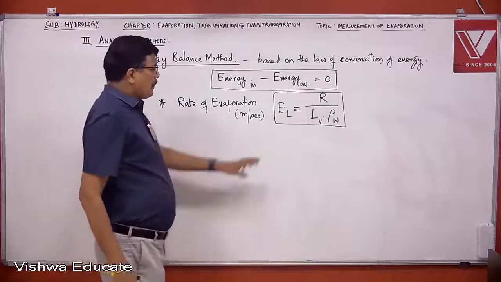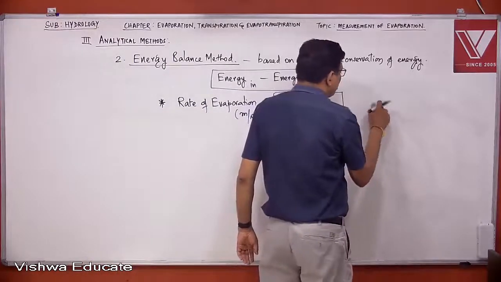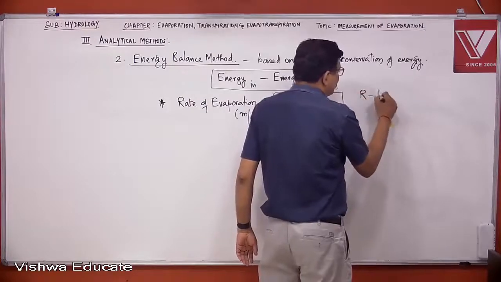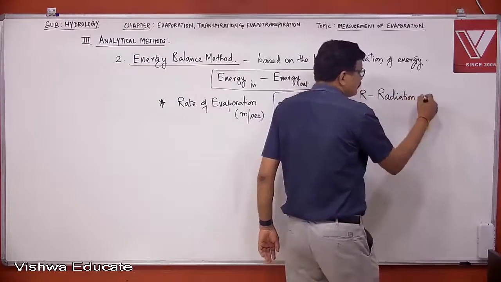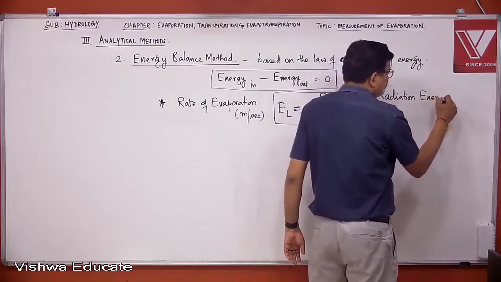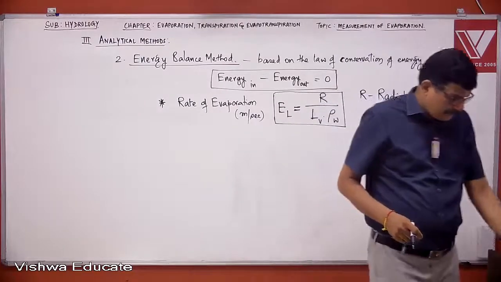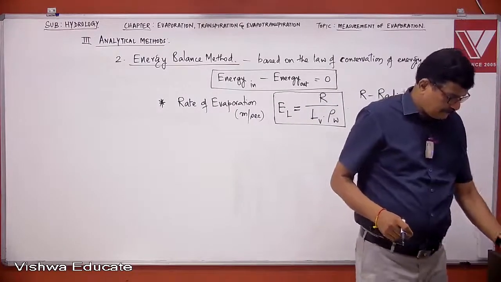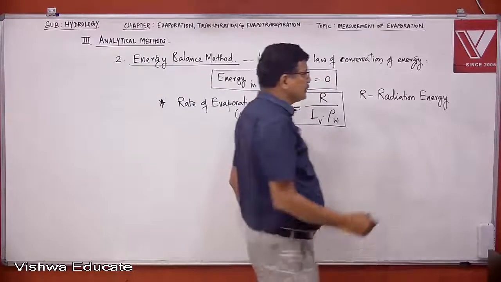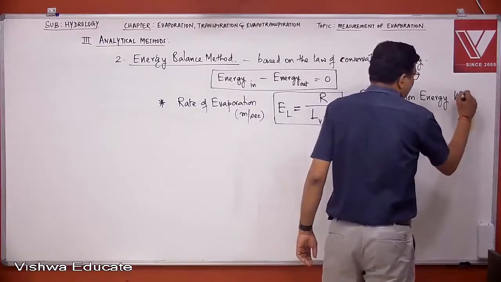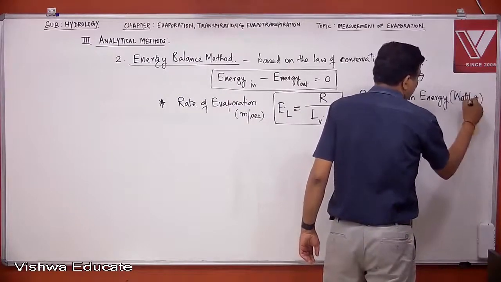So here in this, R is the radiation energy, the energy of the sun. At the same time, we should know the units for this radiation energy, that is watt per meter square.